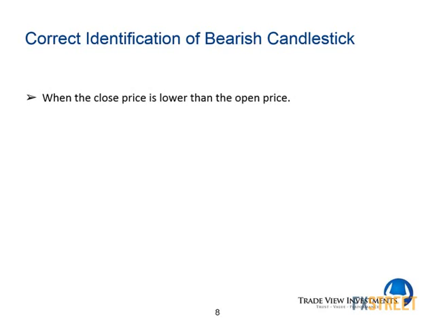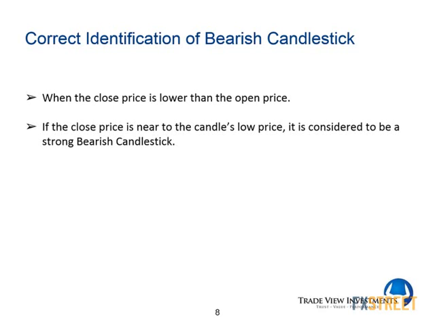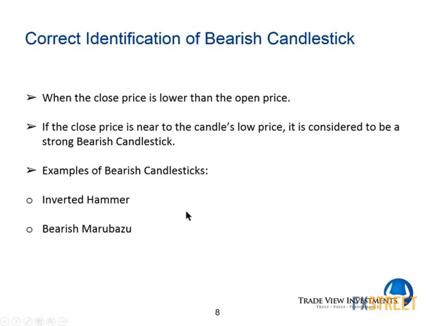Similarly, a bearish candlestick is when the close price is lower than the open price. If the close price is near the candle low, it is considered to be a strong bearish candlestick. Some examples of bearish candlesticks, I'll show you many in a minute, are the inverted hammer and then the bearish Marubozu.